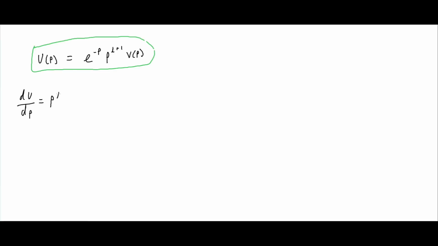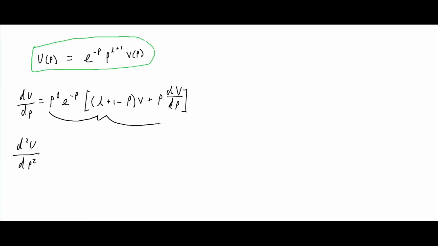So we have our rho to the L power times e to the minus rho, and that will be times L plus 1 minus rho v plus rho times dv over d rho. Then if we want to take the second derivative, we have the second derivative of u with respect to rho.